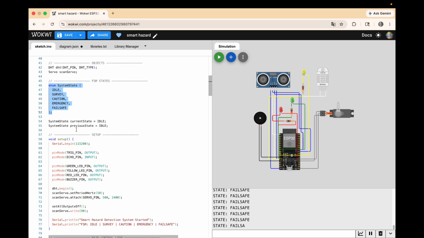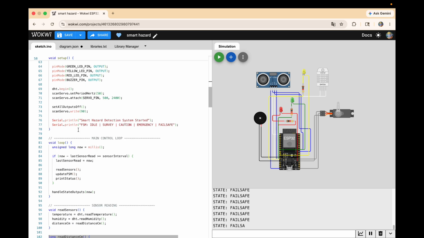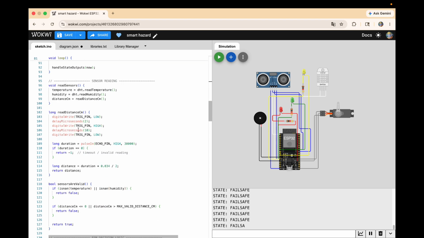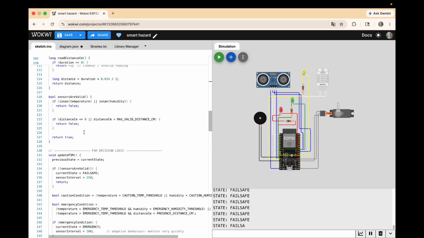Going forward, that's the sensors. And this is the updateFSM function, which controls all state transitions using sensor fusion and threshold-based logic.